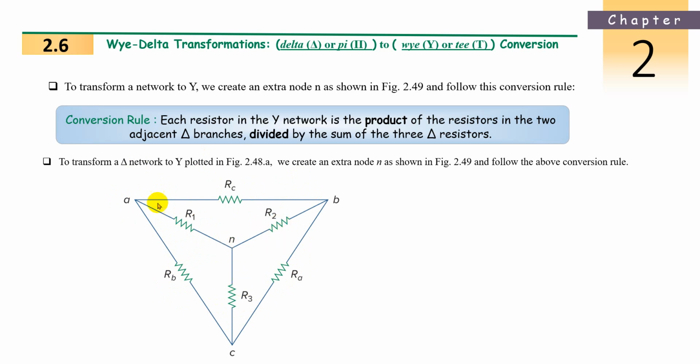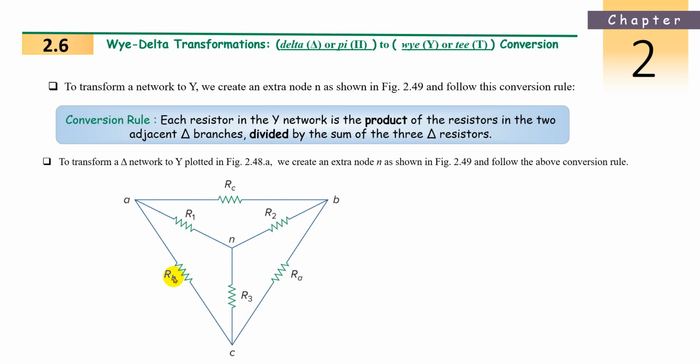So now let us take the definition. Each resistor in the Y network is the product of the resistors in the two adjacent branches divided by the sum of the 3 resistors. Let's take R1. The product of the adjacent, meaning beside, resistors: RC and RB are adjacent.